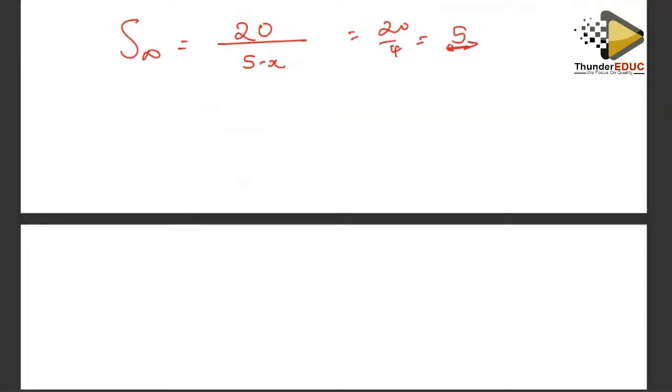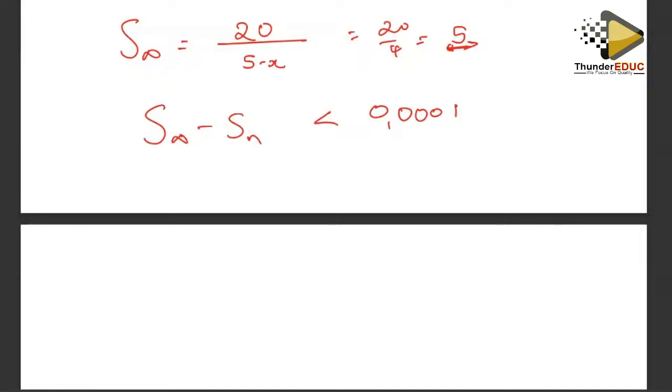Okay. Now, we say that sum to infinity minus sum of n terms should be less than 0.001, which is just the same as 1 over 10,000.